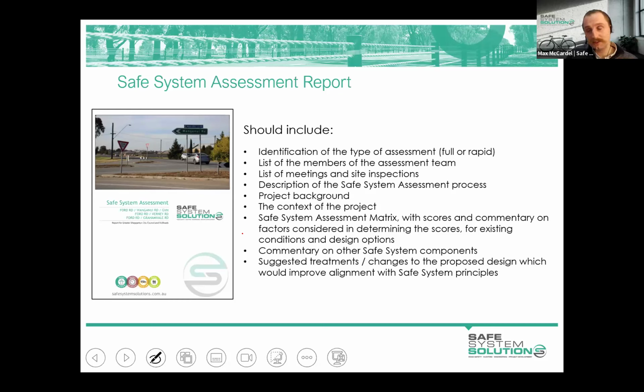A step towards treatment is something where if you were to implement this recommendation, we're actually getting closer to the primary. An example would be, let's say you've got a rural carriageway with no sealed shoulders or anything like that.